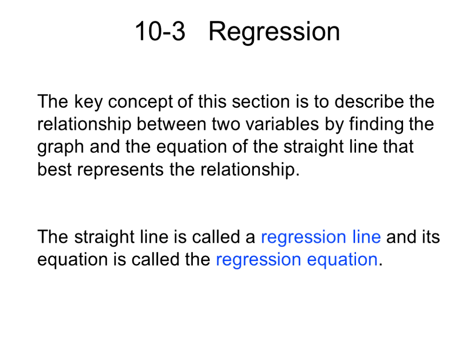All right, so the next thing we're going to be talking about is regression. We now know the relationship between the two variables. We looked at the graph, which was a scatter plot.